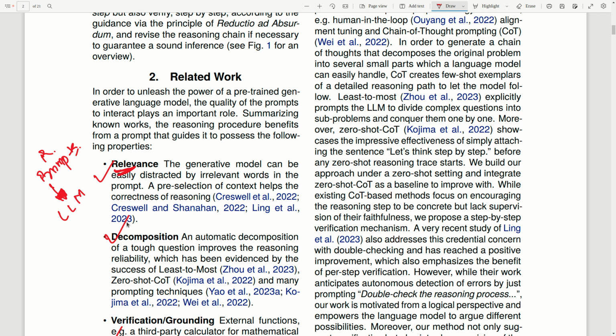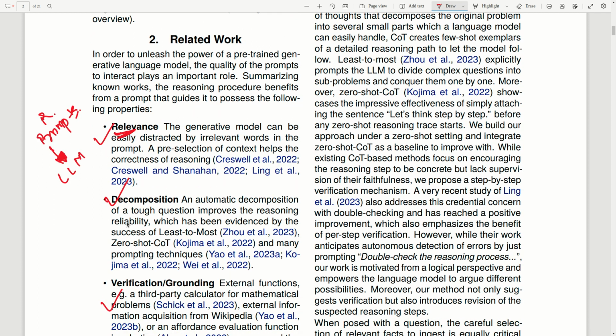Similarly, decomposition is one of the most important properties, and here they are talking about the success of the least-to-most approach. In decomposition, automatic decomposition of tough questions improves the reasoning abilities and reasoning reliability, which has been evidenced by the success of least-to-most. Basically, least-to-most is a way to prompt these LLMs.